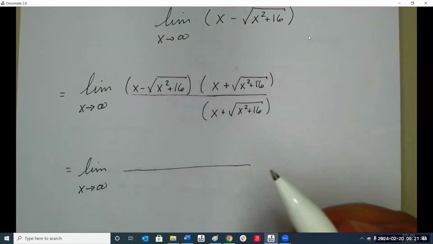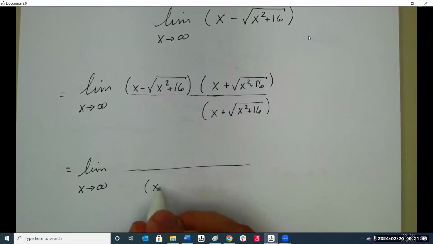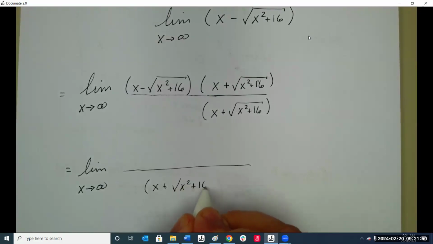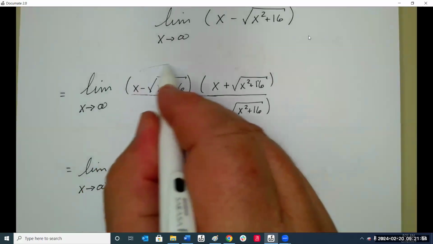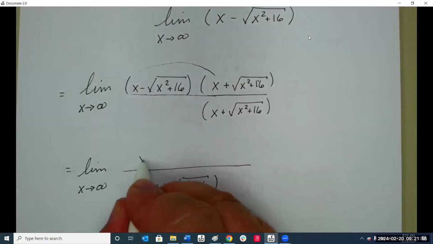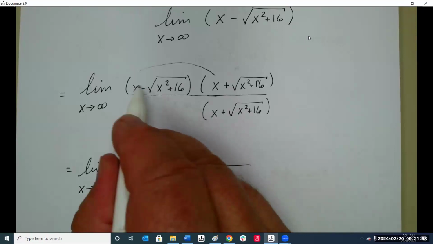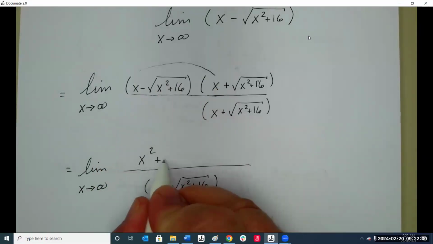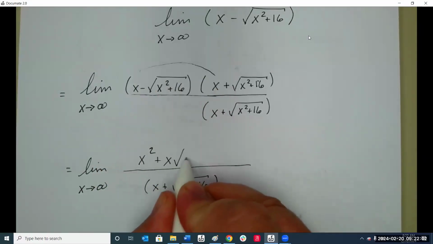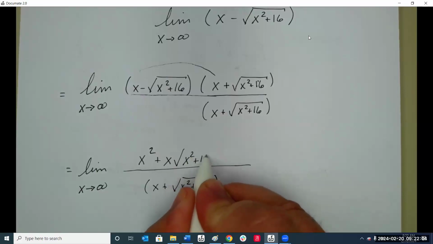The top numbers we have to multiply. So we get x times x is x squared. Positive times positive is positive x times the radical of x squared plus 16.